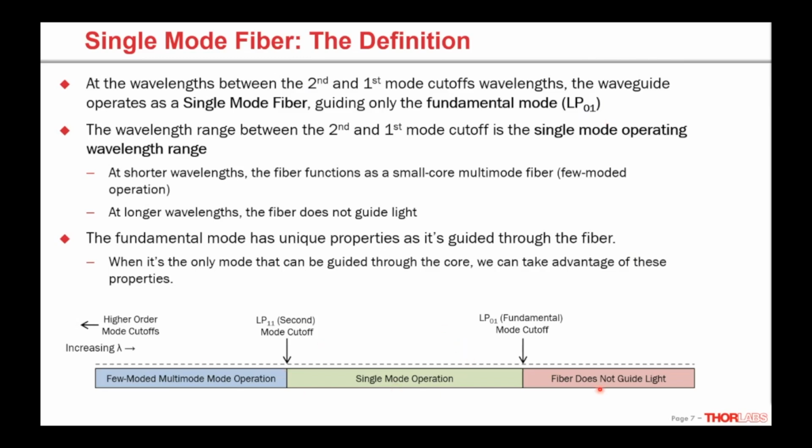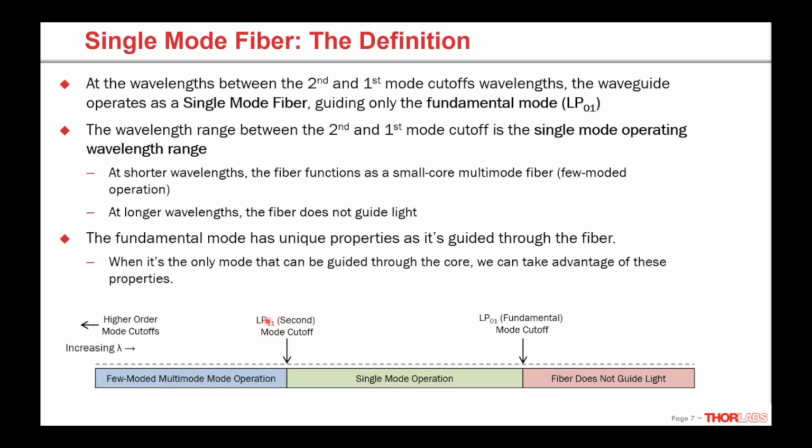So this diagram here hopefully illustrates that. What we're looking at here is the x-axis is wavelength. We're starting with short wavelengths and the wavelength gets longer as we go to the right. So we have many higher order modes cutting off. As we increase the wavelength, eventually we get to a region where the second mode is cut off. Below that, we have multiple modes guided, so we have multimode operation.